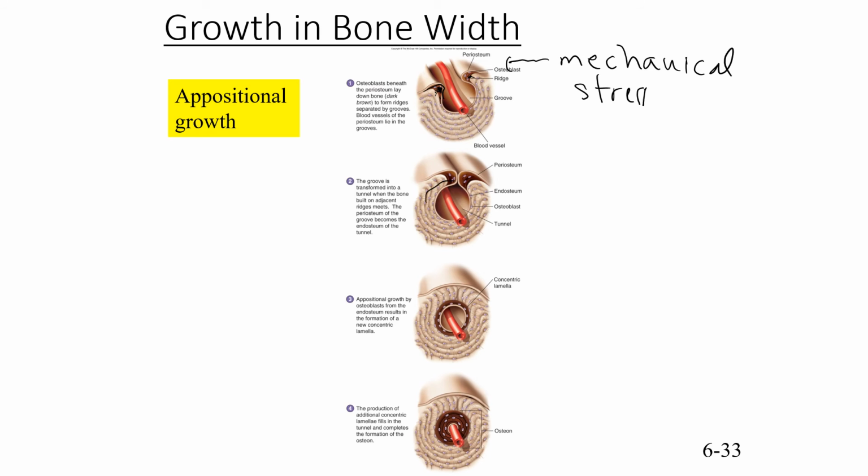As more matrix is secreted, the surface of the bone grows and grows, eventually creating a thicker bone. Further lamellae will be produced around blood vessels trapped by the growth of the osteoblasts on the surface of the matrix. In this manner, bone grows in thickness in areas where the bone is receiving use. The use of the bone creates mechanical stress.